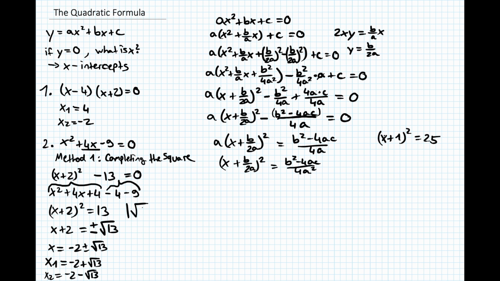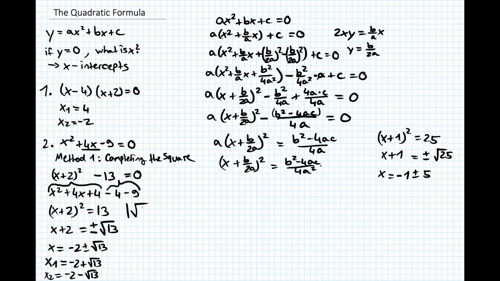So that would be the same as this kind of expression. And then if you were to solve it, you would just take the square root of both sides and have positive or negative square root of 25. So then our x is equal to negative 1 plus minus square root of 25, which is 5. So that's the same that we will do here now, just with letters, or variables, instead of numbers.